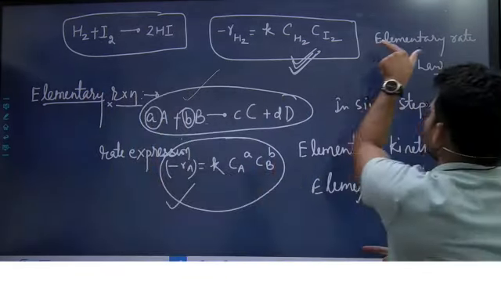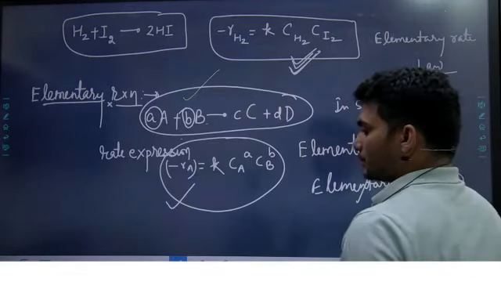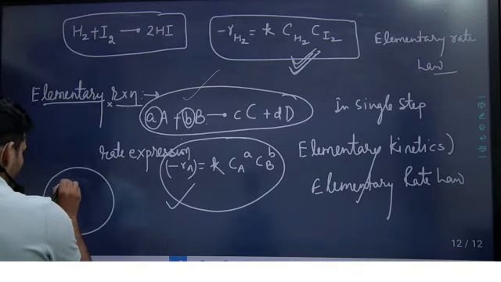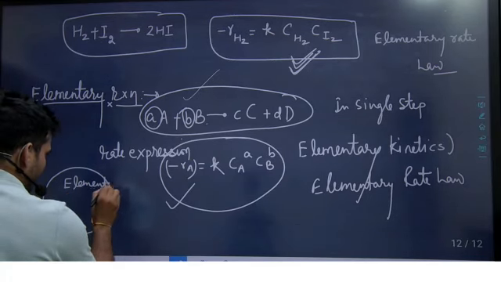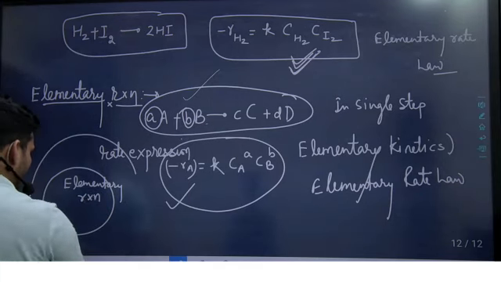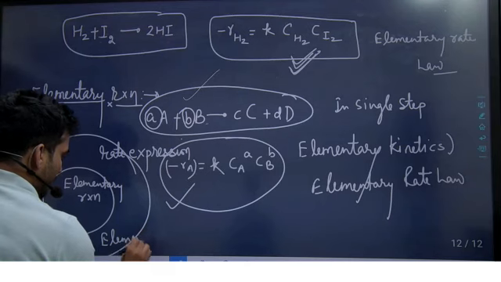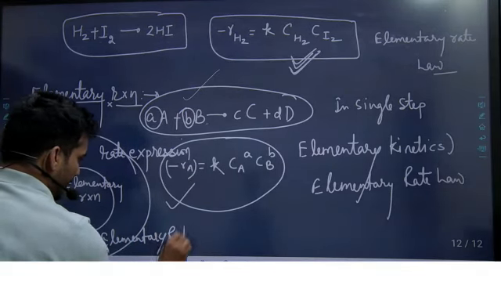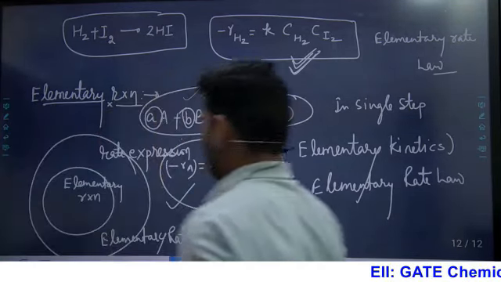Although I am finding an elementary rate law, an elementary rate expression, just try to understand. If I say it as an elementary reaction, or I say it as an elementary rate law.